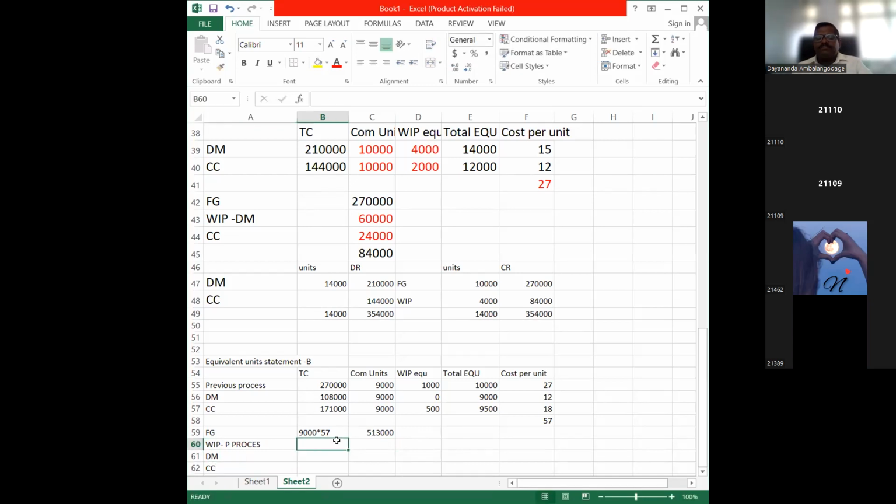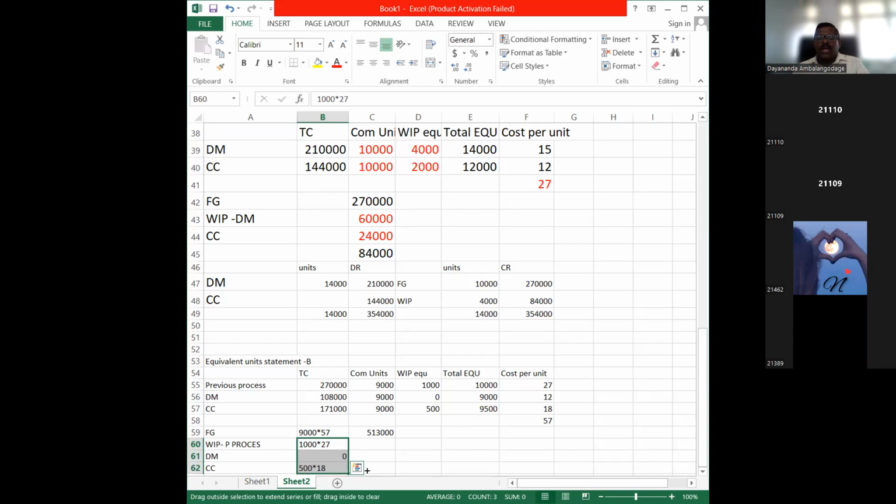With regard to the previous process, it's 1,000 rupees into 27, of course, that's correct. Here the direct material value is 0, thereby no value. And with regard to this closing WIP, 500 into 18 rupees. That is how the values come here.